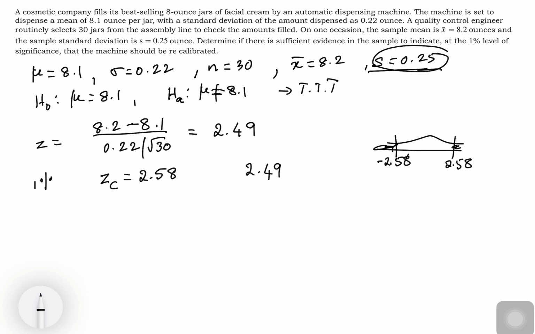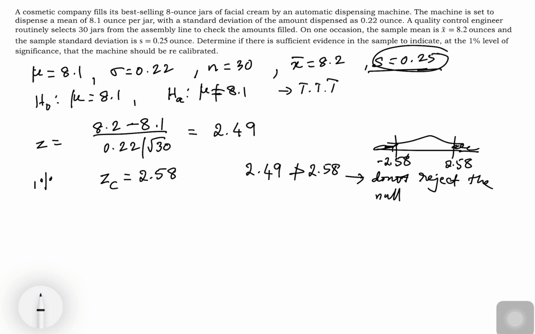So 2.49 is not greater than or equal to 2.58. So we will not reject. So do not reject the null hypothesis.